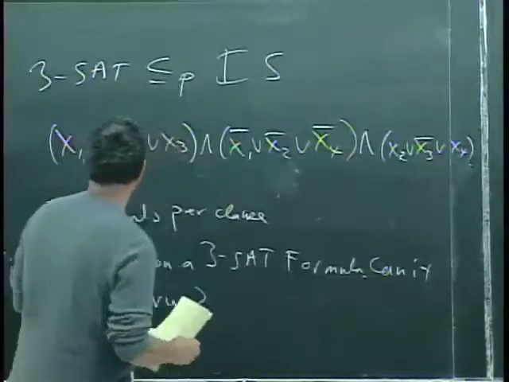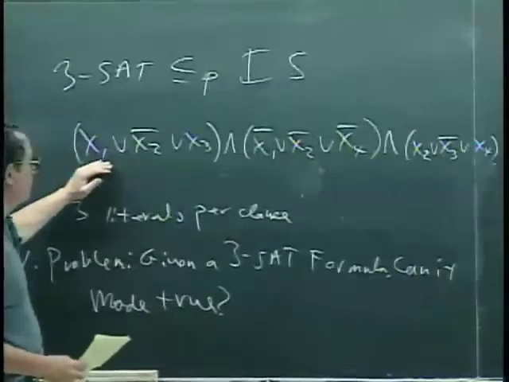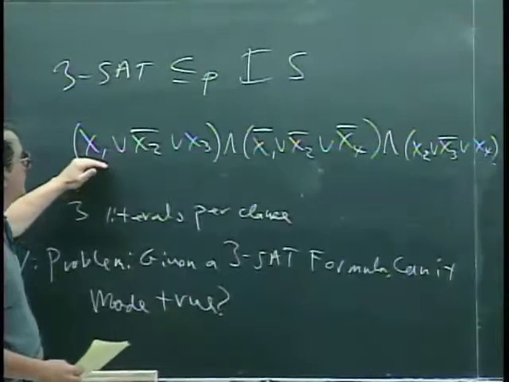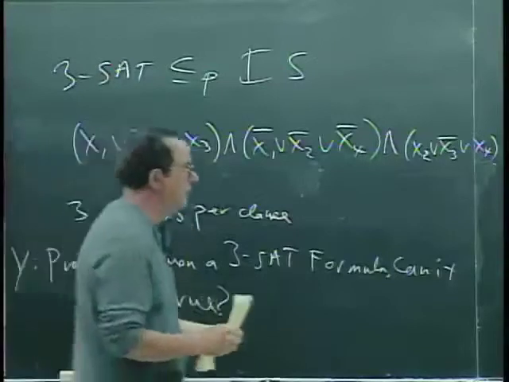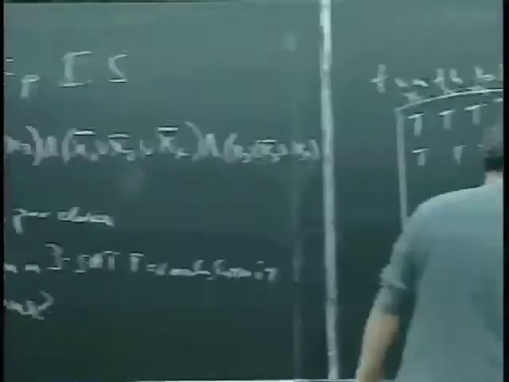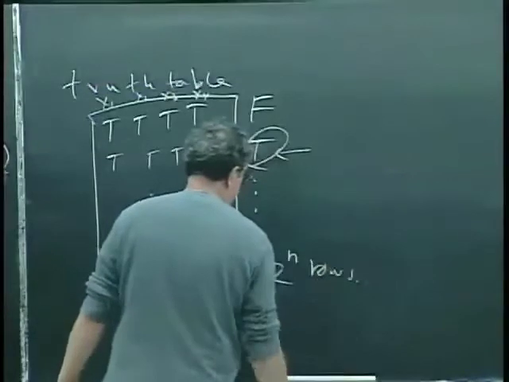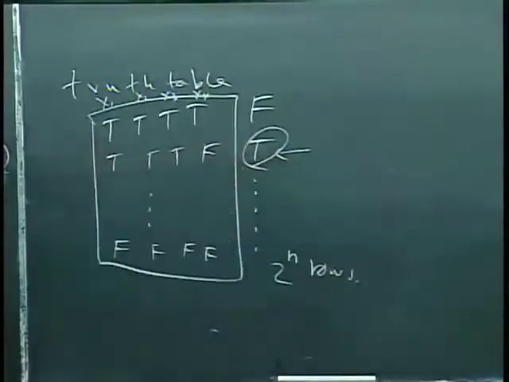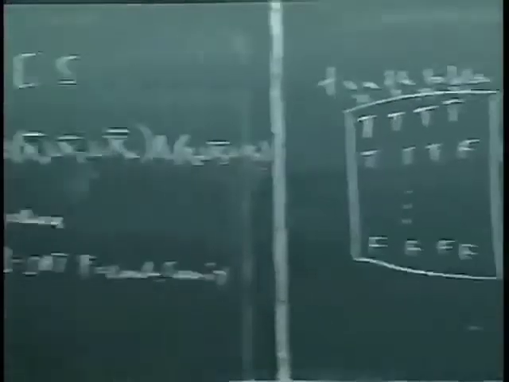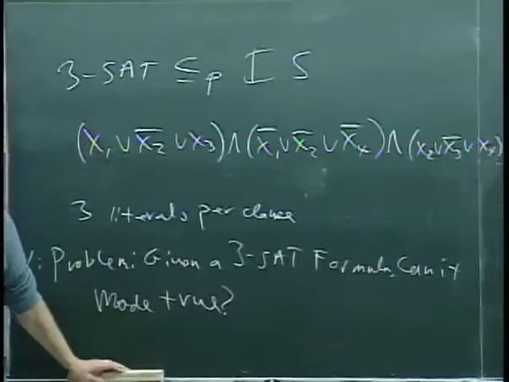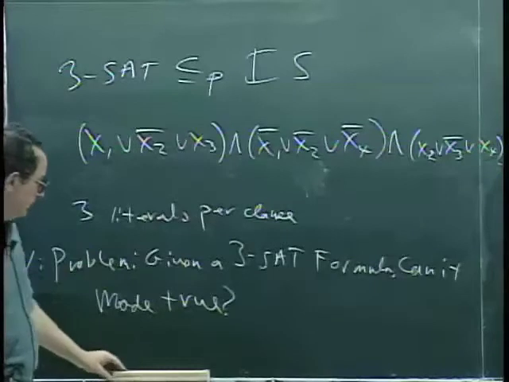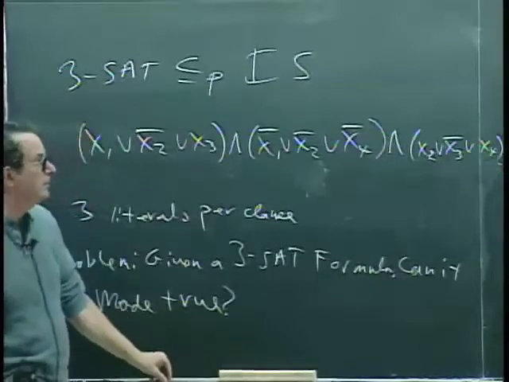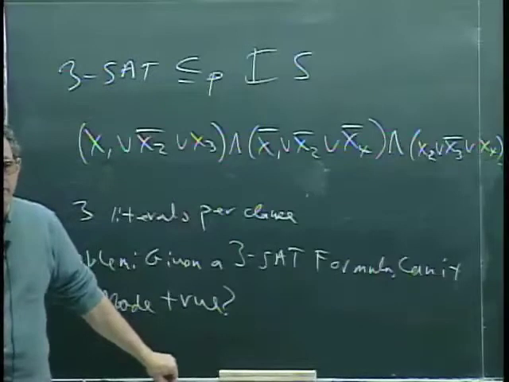But if n is the number of variables, then this has 2 to the n rows. Is that polynomial? Well, it's not polynomial in n. That's an exponential function in n, where n is the number of variables. But we always ask whether the algorithm is polynomial as a function of the input size.